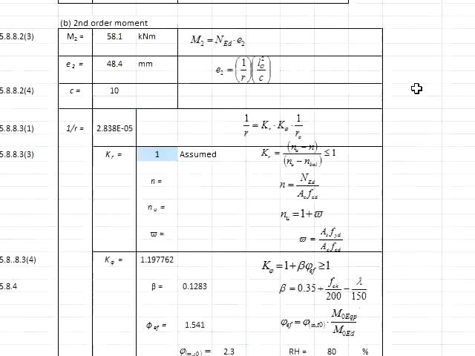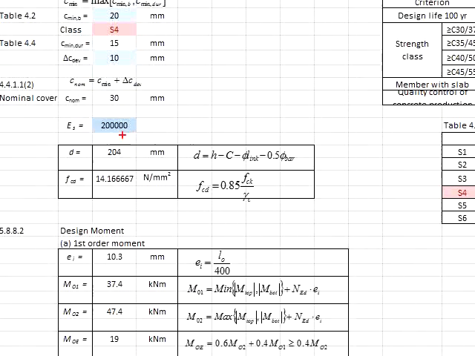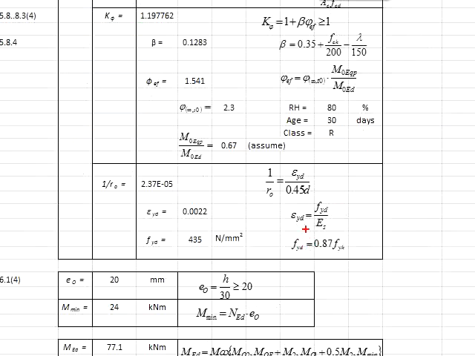The modulus of elasticity of the steel is given here. And the design strength of the steel bar will be the characteristic strength of the steel bar, which is 500 divided by a factor of safety of 1.15. That gives you 0.87 fyk. Substitute the relevant values, you will get epsilon yd.